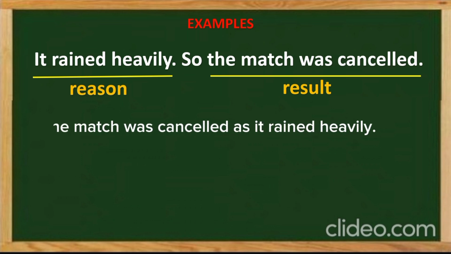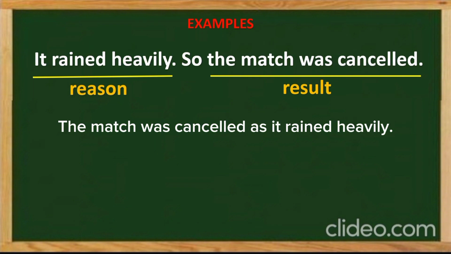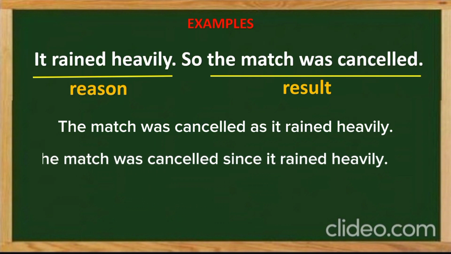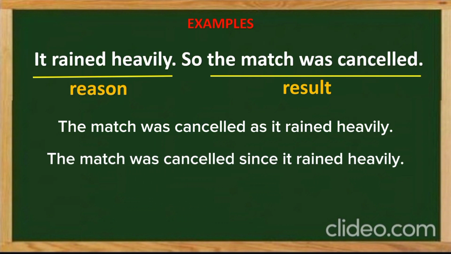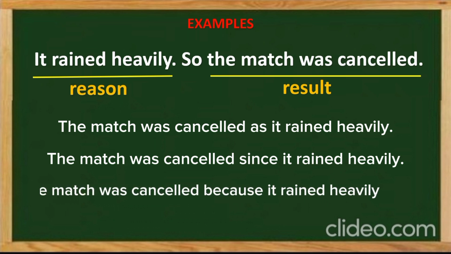If you want to write as in between, you have to write the result first, then as, since, or because in between, then it rained heavily in the end. Now I replaced as with since in the next sentence, and with because in the third sentence.